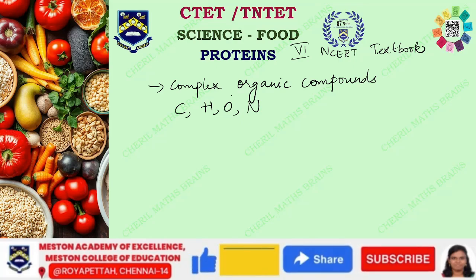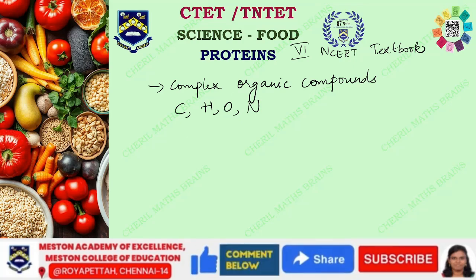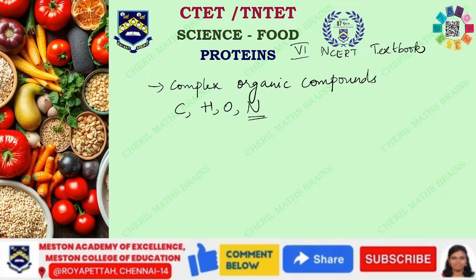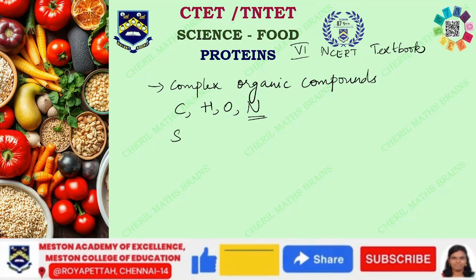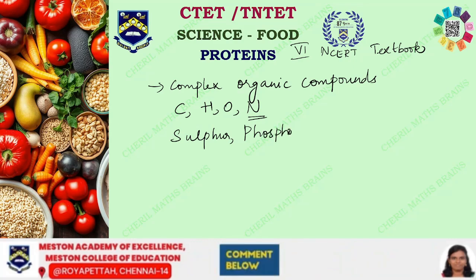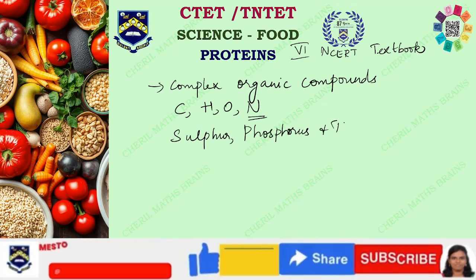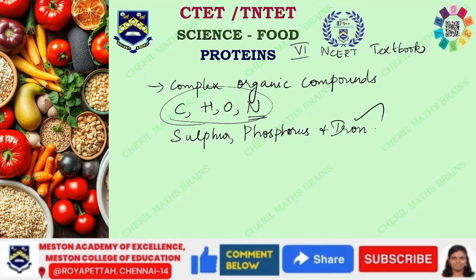When we learned about carbohydrates, I told you it has carbon, hydrogen and oxygen. But when it comes to proteins, you have one more thing called nitrogen also. There are some proteins which also contain sulfur, phosphorus and iron. So proteins are complex organic compounds which have these as well as the other three.